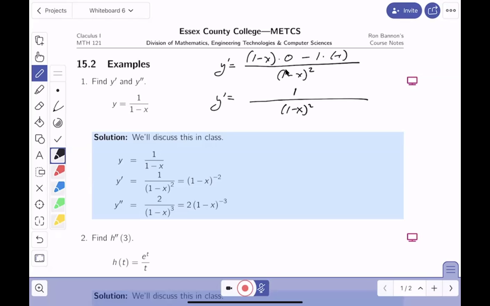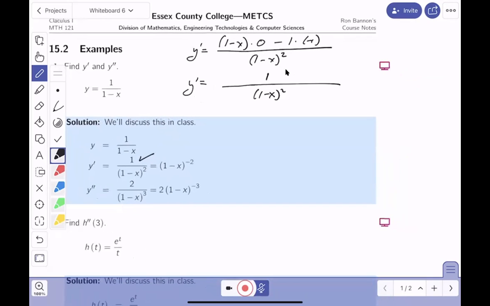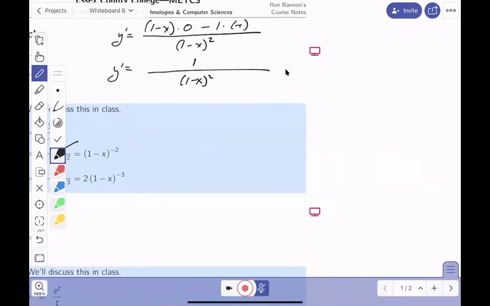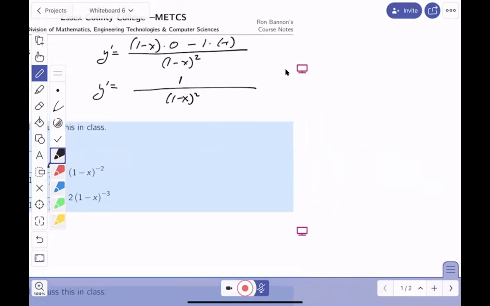What I would do in the answer key is I would look at it, and I'm seeing that right over there. So I think I did go with that. Now what I have to do is more difficult, all right? So I'm going to do the second derivative. The second derivative is more difficult. We'll look at the key later. What do I do? Well, I got to square the bottom. So what's that going to be? 1 minus x to the 4th power.